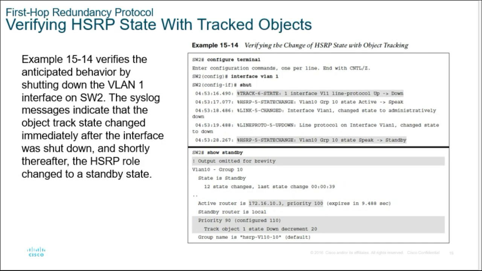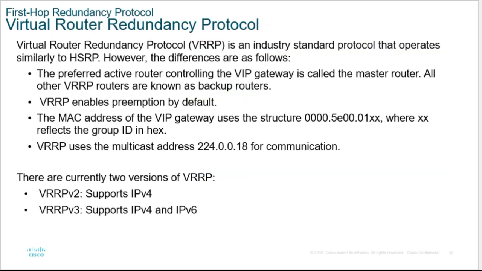To test whether the object tracking works, we shut down interface VLAN 1. So when it goes down, it should decrement the priority of interface VLAN 10. Here it shows that it is working, because when we decrement the priority, it automatically changes from active to standby.